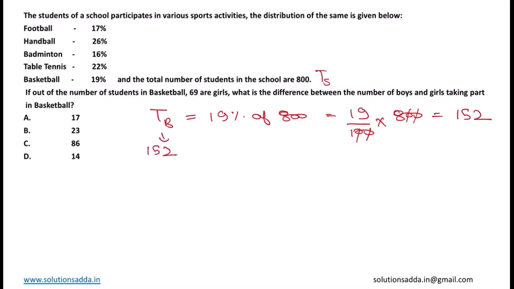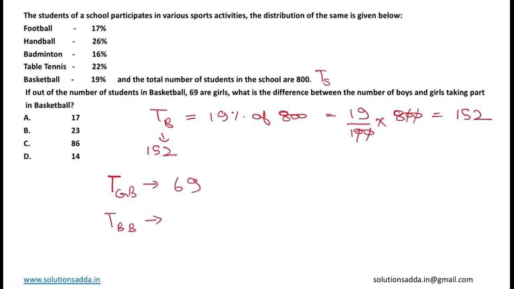69 are girls. So, let TGB denote the total number of girl students in basketball. It is 69. We need to figure out the total number of boy students in basketball. Let it be denoted by TBB.